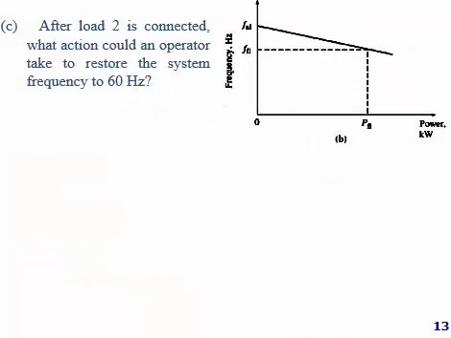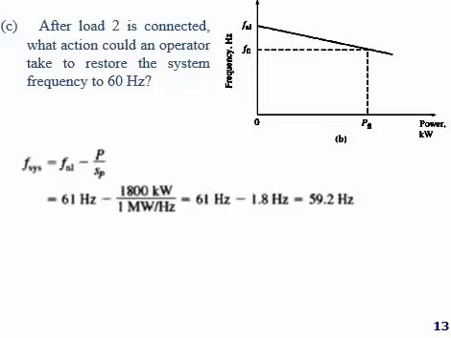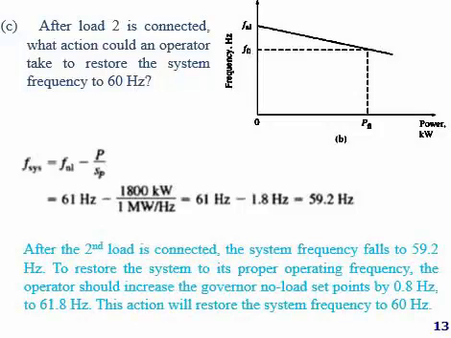But we want to keep this frequency constant at 60 Hz, so what do we need to do? After the second load is connected, the system frequency falls to 59.2 Hz.